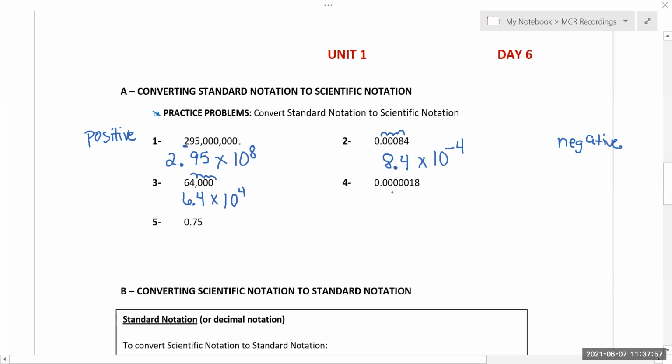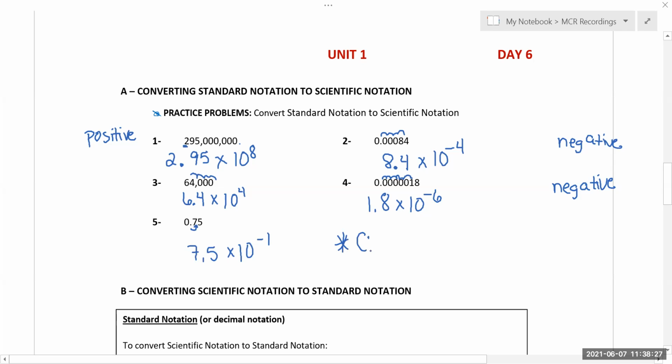And then over here, again, think, is it going to be negative or positive? It's going to be negative because it's a really small number that I'm making bigger. So I'm going to move that decimal 1, 2, 3, 4, 5, 6 to be 1.8. And then times 10 to the negative 6. And then finally, this one, I'm only moving 1. So it's 7.5 times 10 to the negative 1.